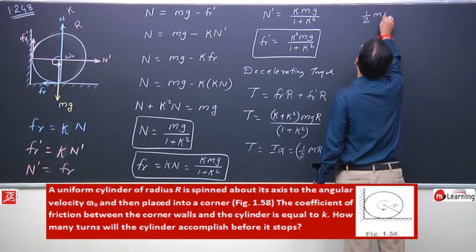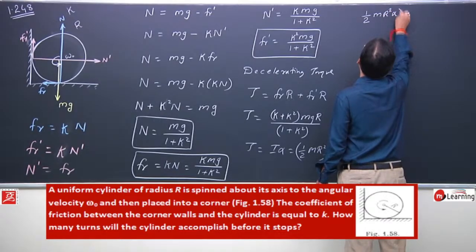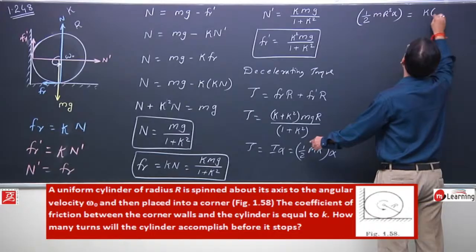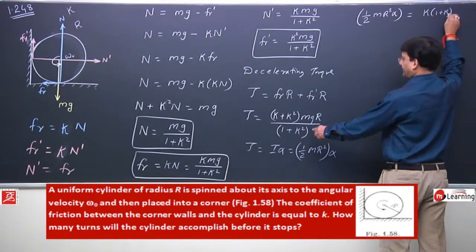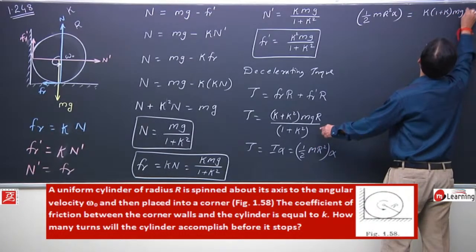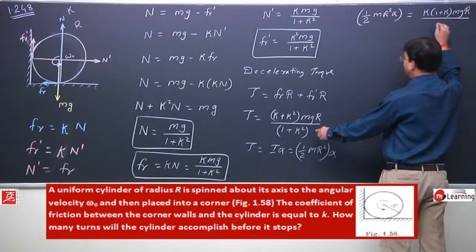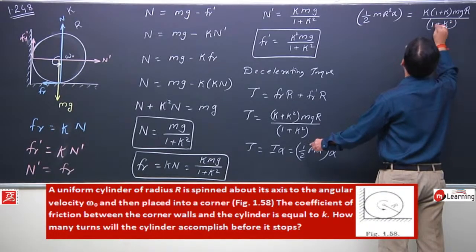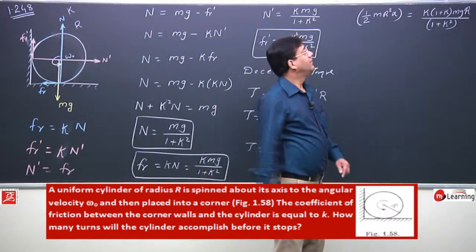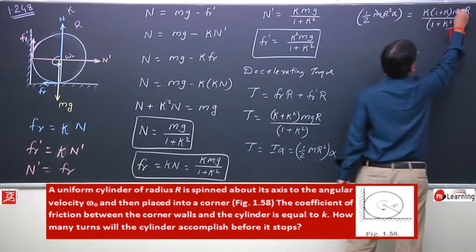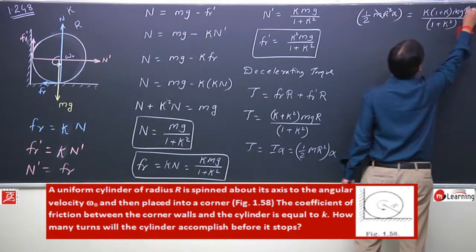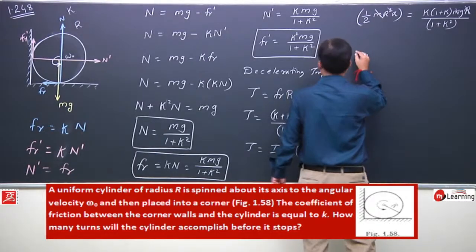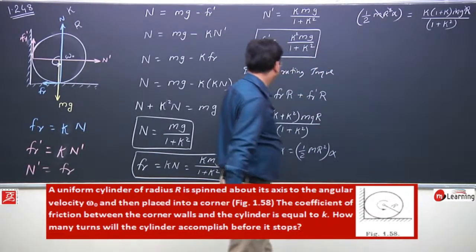Half mr square alpha is equal to k into 1 plus k into mgr by 1 plus k square. This m would get cancelled, r would get cancelled.